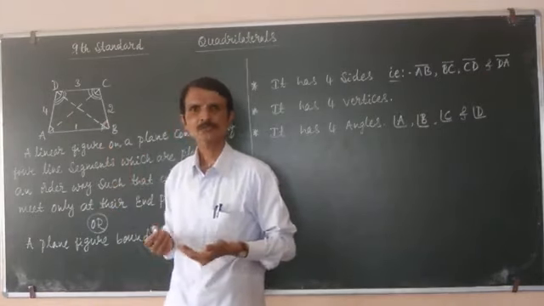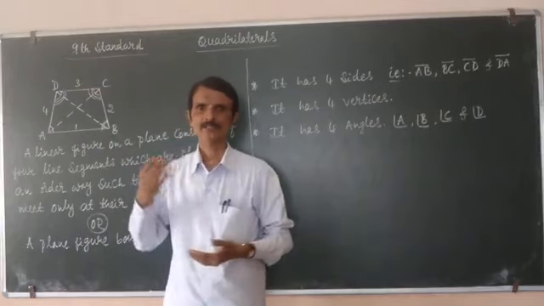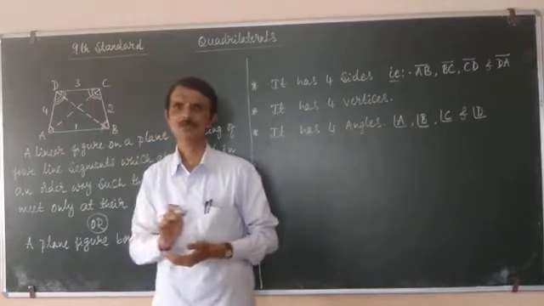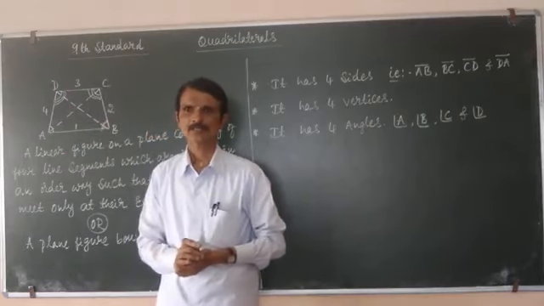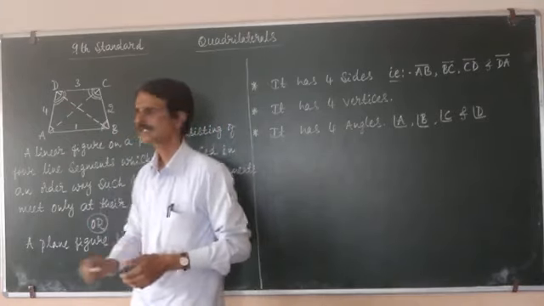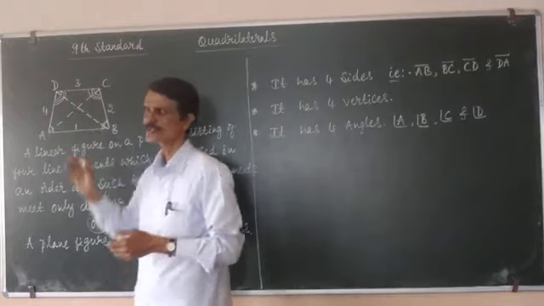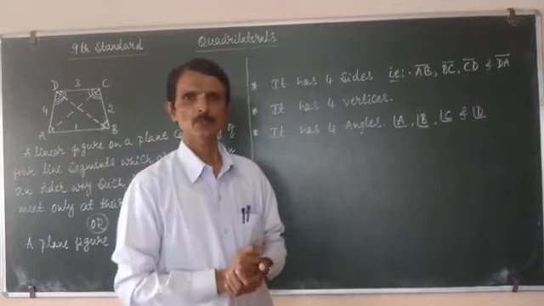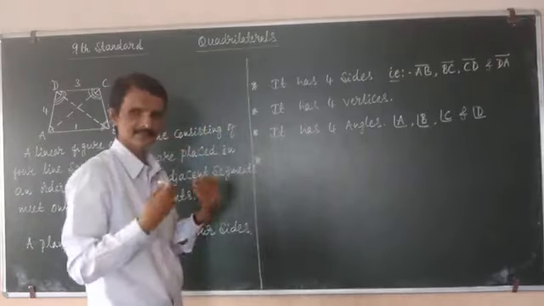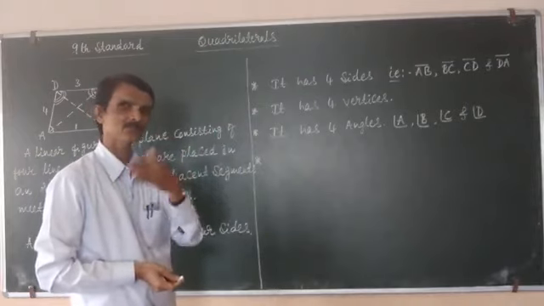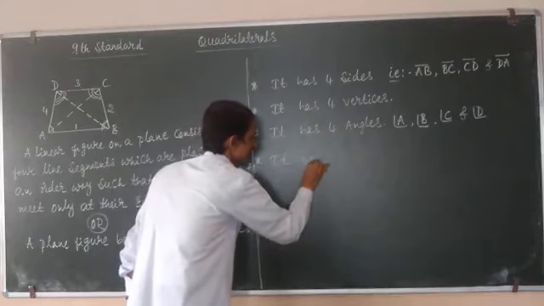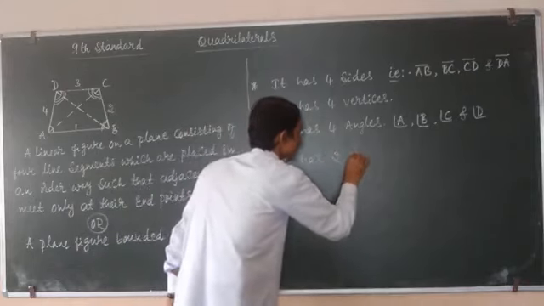So, can you tell me what do you call if you join the opposite vertices of the quadrilateral? Yes, it is called a diagonal. Diagonal means it is a line segment which joins the opposite vertices. So therefore, students, we can say that a quadrilateral has two diagonals.